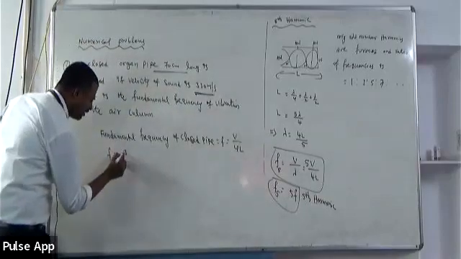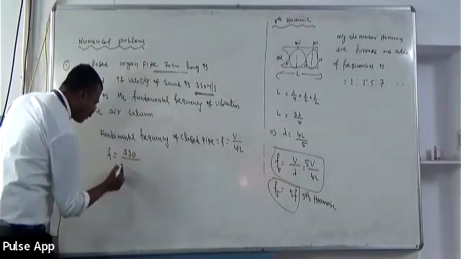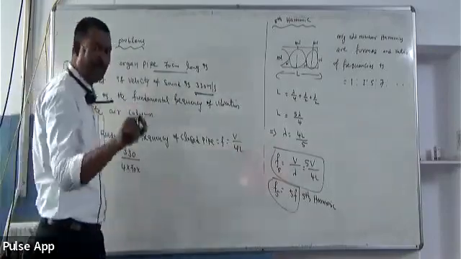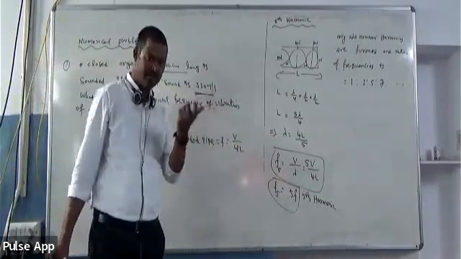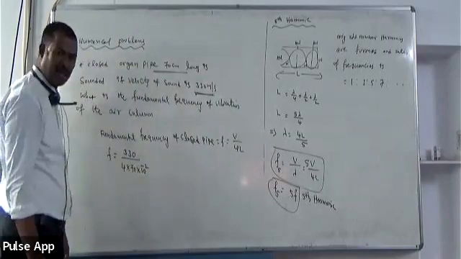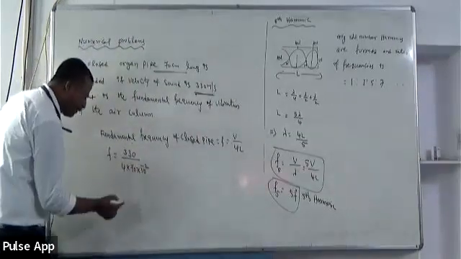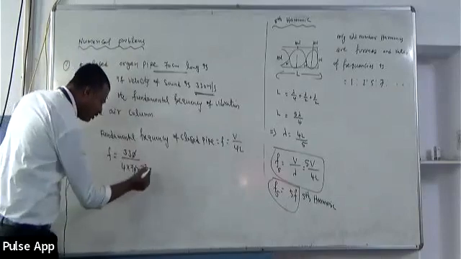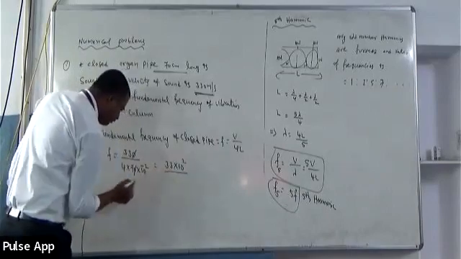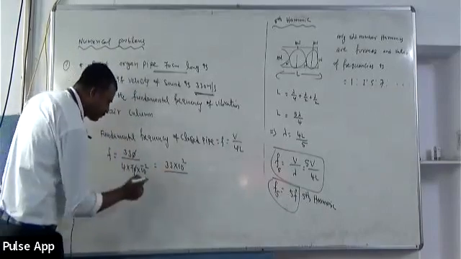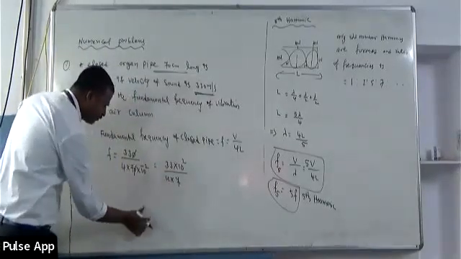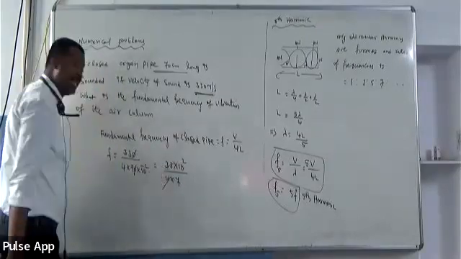That is V, 330, and 4 into L. L is given as 70 centimeter, but we need to convert into the SI unit, meter. Converting 70 centimeter into meter means multiplying with 10 to the power of minus 2. So the minus 2 goes up, and the 0 and 0 cancel out. We'll get 33 into 10 to the power of 2 by 4 into 7. So 4 sevens are 28, and 4 ones are 4, 8 threes are 32.